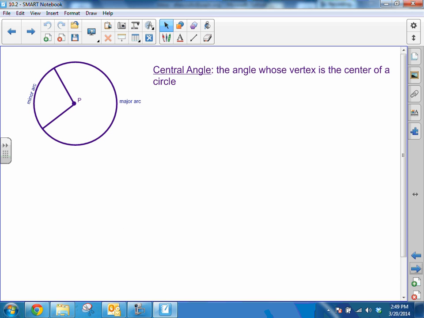Now, you notice we have what's called a minor arc and a major arc. Minor means what? Small. Major, big. So, anybody want to guess how the minor arc relates to figure out a degree? Where would we get it from?